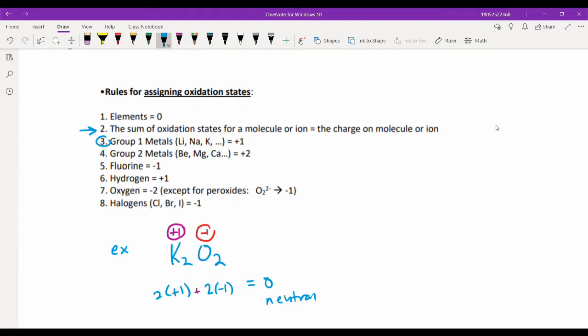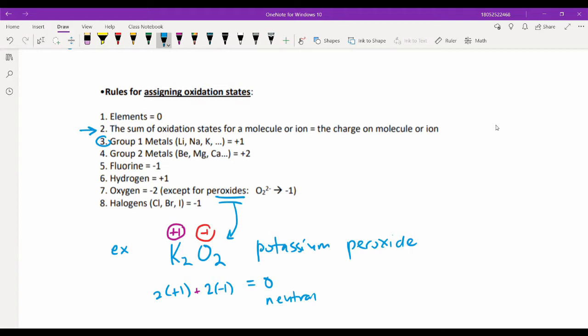So this is the case of a peroxide. This is actually potassium peroxide, not potassium oxide, which is a rarer and much more reactive form of oxygen, but it does exist.